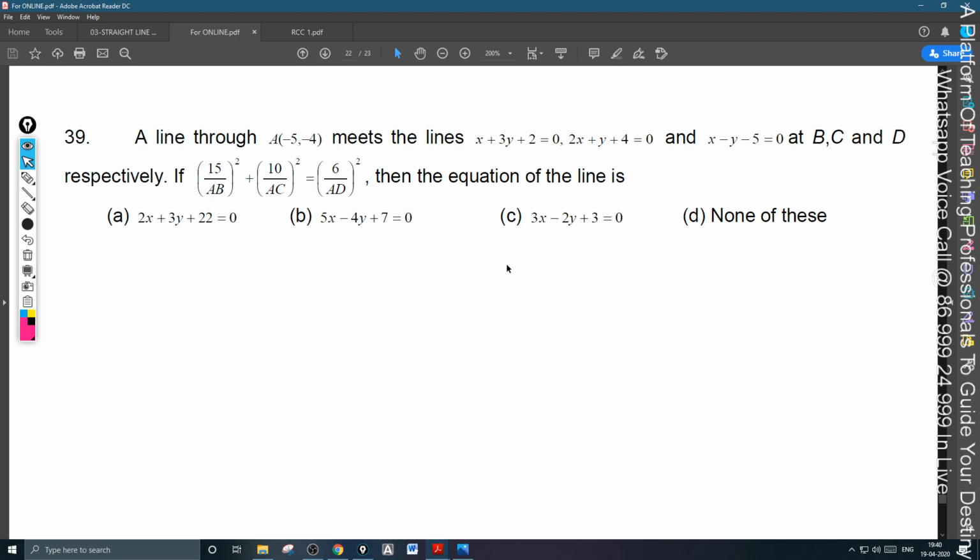I'll be doing that on the board itself. But let me write the data. There are 3 lines given. x plus 3y plus 2 equal to 0. Another line is 2x plus y plus 4 equal to 0.